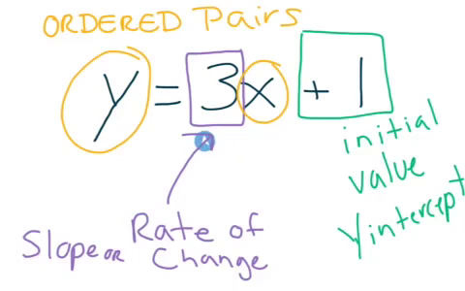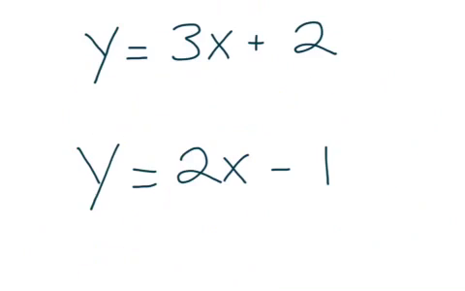We also call the rate of change slope, and we've referred to it that way before. The y and the x, that is how we determined what our ordered pairs are. You substitute in a value for x, you get the y that it goes with, and that gives you your ordered pairs. Let's look at these two equations. Remember, our rate of change is the number in front of that x.